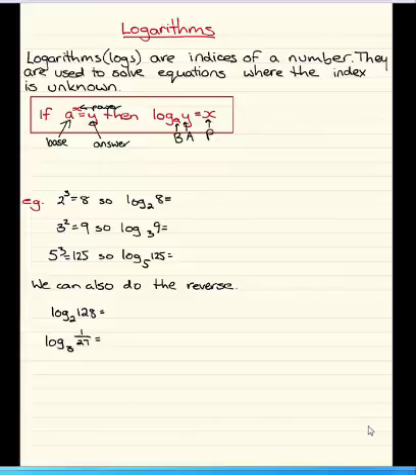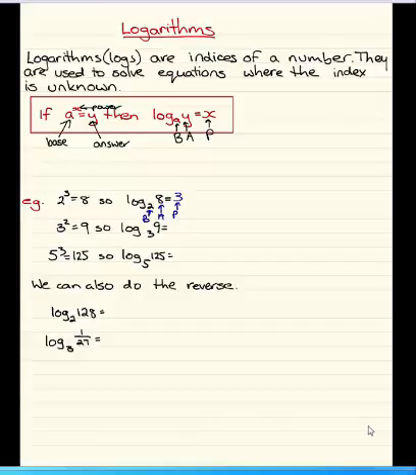We know that 2 to the power of 3 is equal to 8. So if they want to know what log base 2 of 8 is, we say this is the base, this is the answer, and we're trying to find the power. So 2 to what power is equal to 8? Well, we know that's a 3.